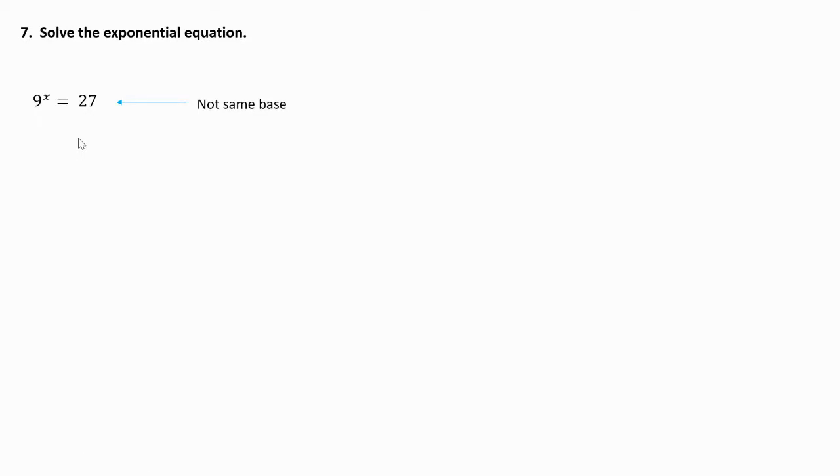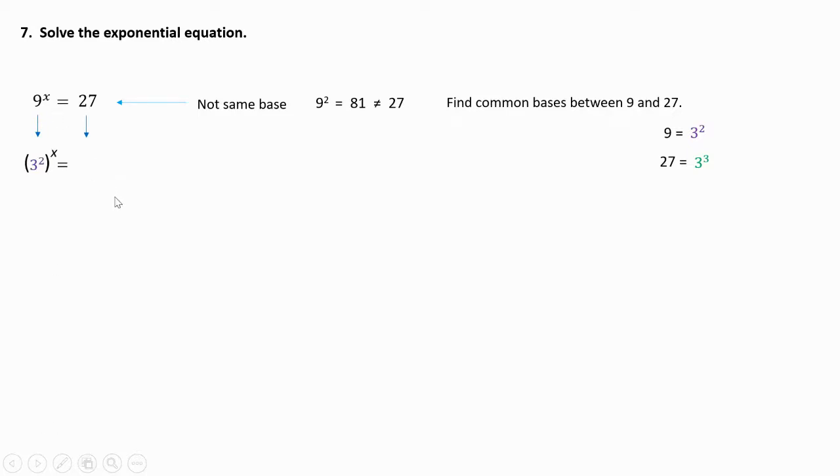We're going to try to find the same base. 9 squared will not give me 27, so I have to find the common base between 9 and 27. 9 equals 3 squared, and 27 equals 3 cubed. So I'm going to replace the 9 with 3 squared, bring down the x, and replace the 27 with 3 cubed.